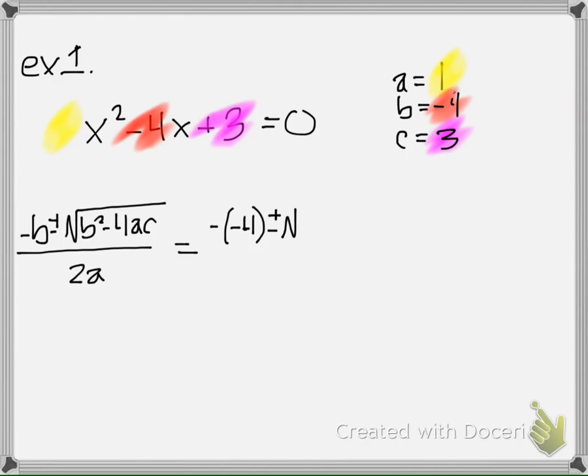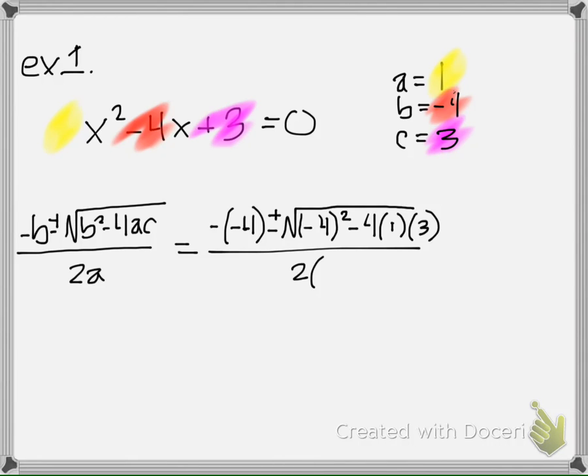We're going to have a plus minus b squared. So take your negative 4, square it, and then you're going to minus 4 times whatever a is times whatever c is. All of that over 2 times a.